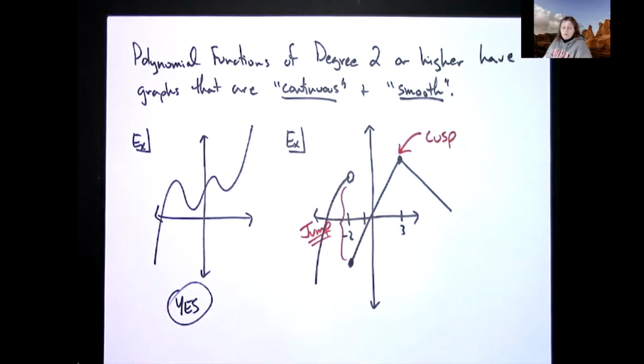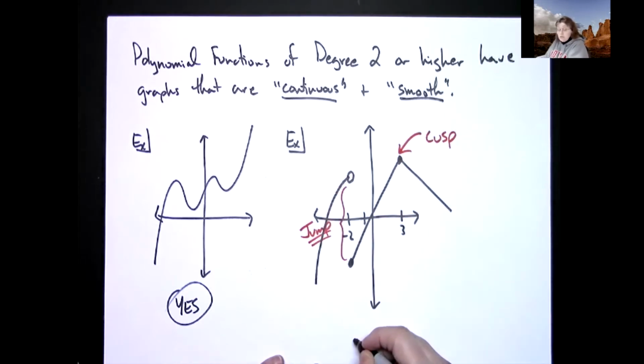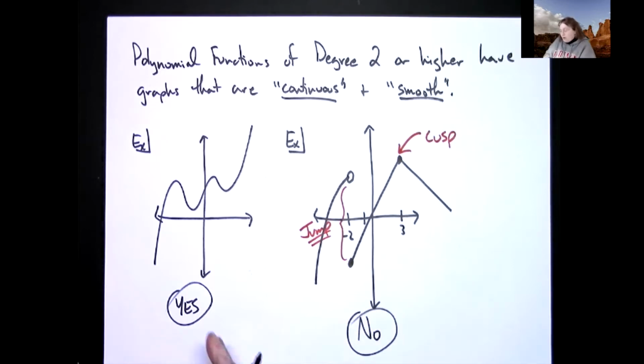And that's obviously higher level mathematics, like on into your calculus and pre-calc classes. But the idea here is because of the jump and because of the cusp, this is not a polynomial function. I generally talk a little bit more about this because this is stuff that probably wasn't covered in high school as much as some of the other stuff.